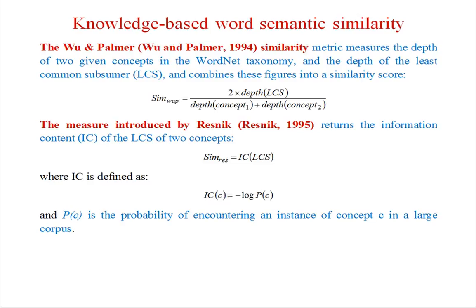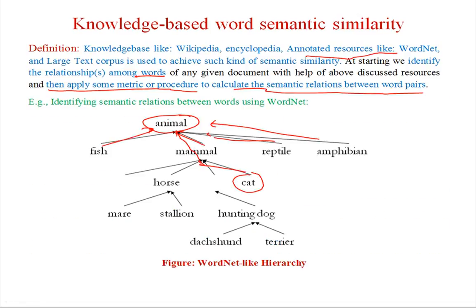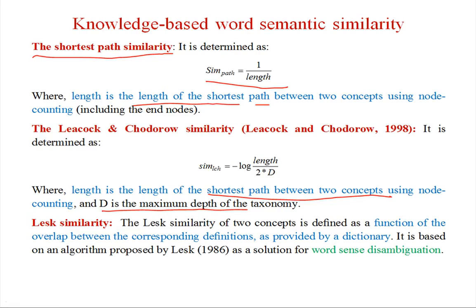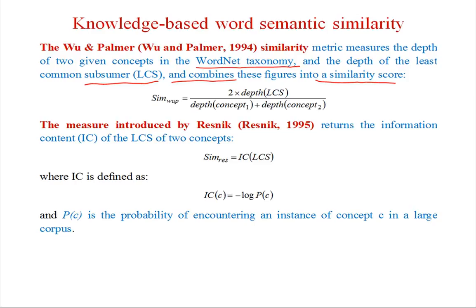Wu and Palmer similarity measure. The metric measures the depth of two given concepts in the WordNet taxonomy and the depth of the least common subsumer, LCS, and combines these figures into a similarity score. For example, for horse and cat, it identifies the LCS first, and the depth of concept 1 and the depth of concept 2.